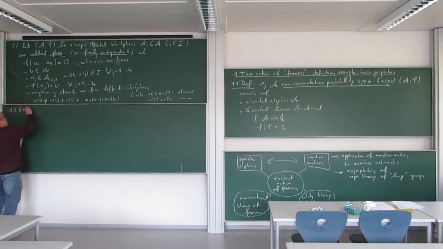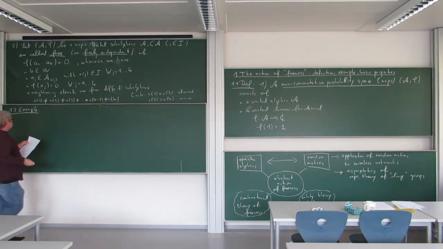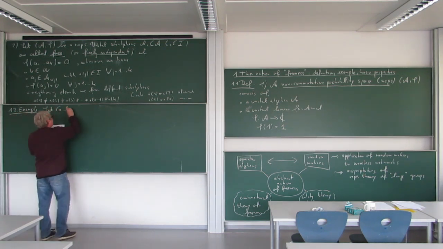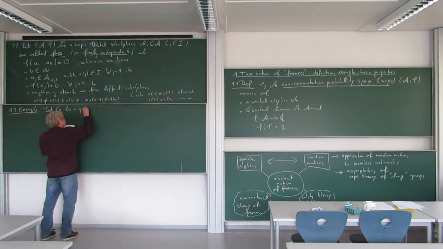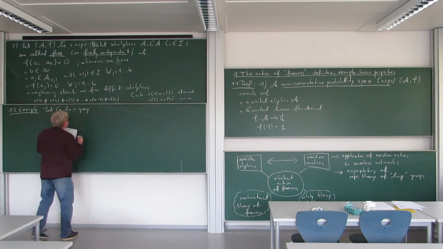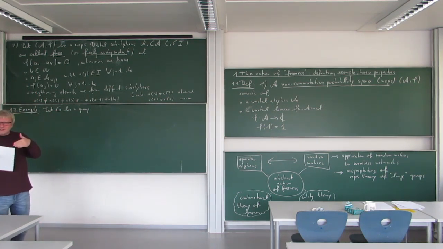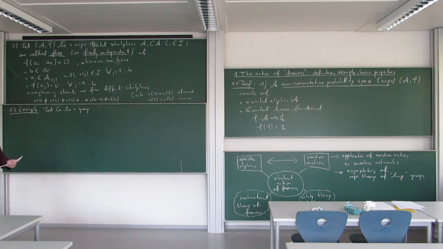Here's the example. Okay, so it's an example in the context of groups. So out of the group context, I should build the things which I have there. First I should build a non-commutative probability space, which means I need an algebra and I need a linear functional, which somehow has something to do with the group.